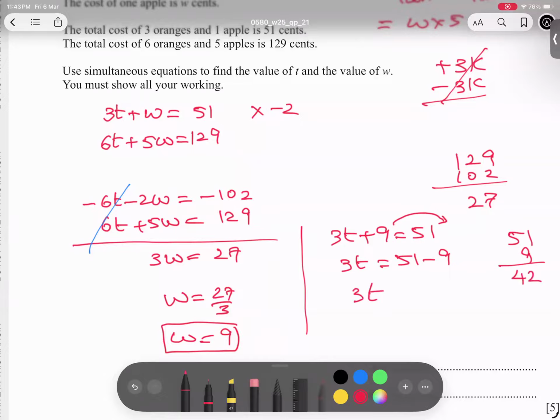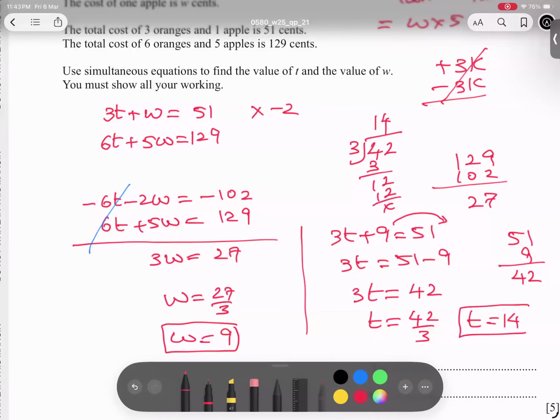So 3T is equal to 42. And now 3 divides, and you know it very well. If you are confused, 3 ones are 3, and 3 fours are 12. So Alhamdulillah, we are getting the answer clearly.